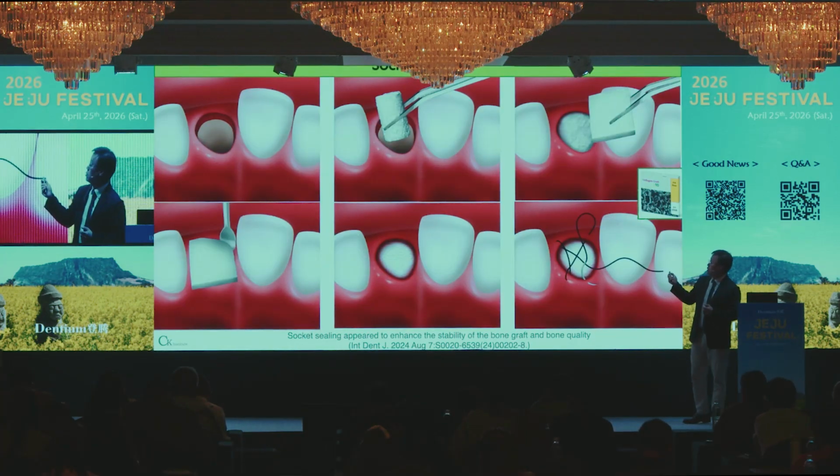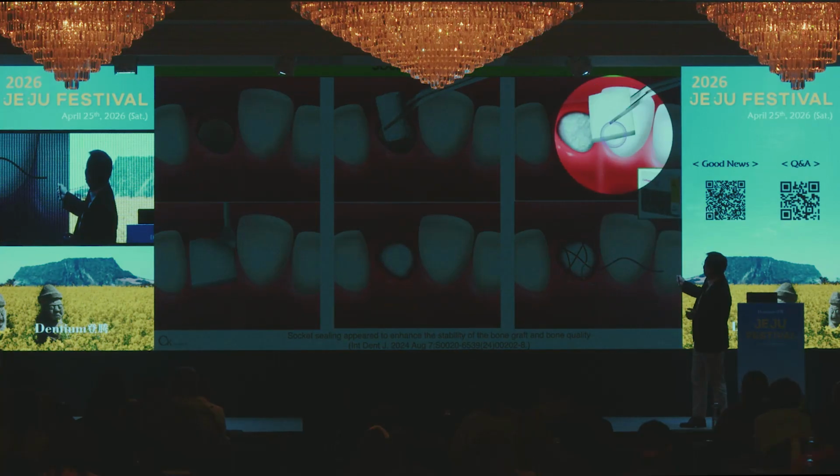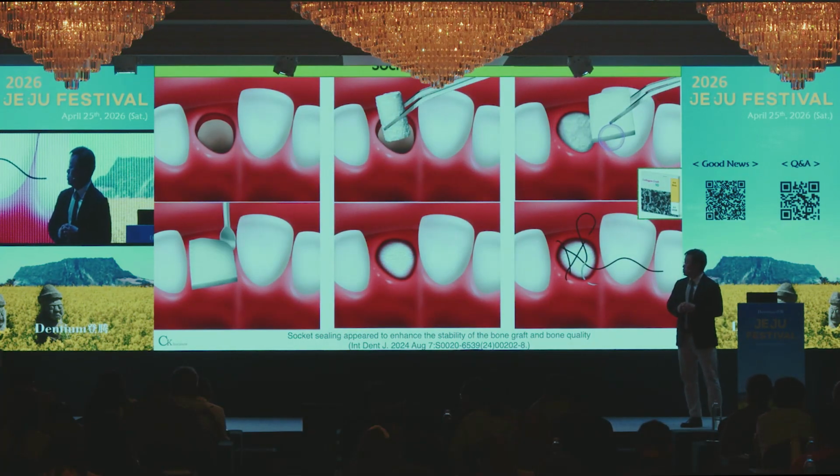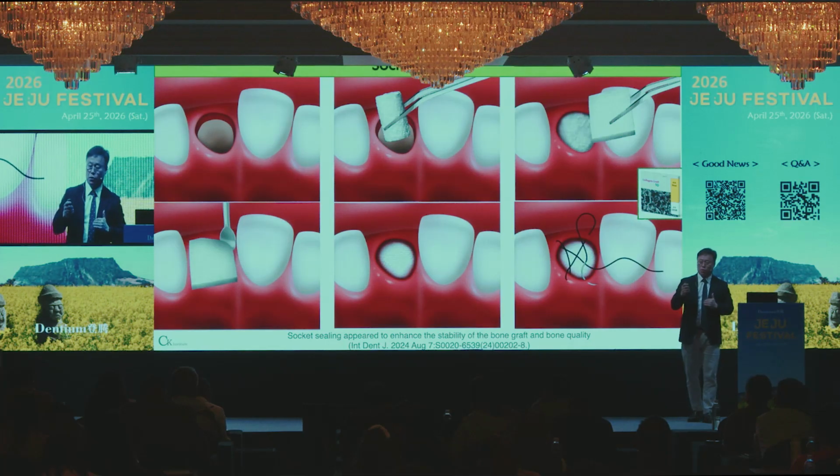This is like socket ridge preservation, and as I mentioned, it uses a collagen graft, the socket sealing technique, covering the orifice of the extraction socket with the collagen graft.